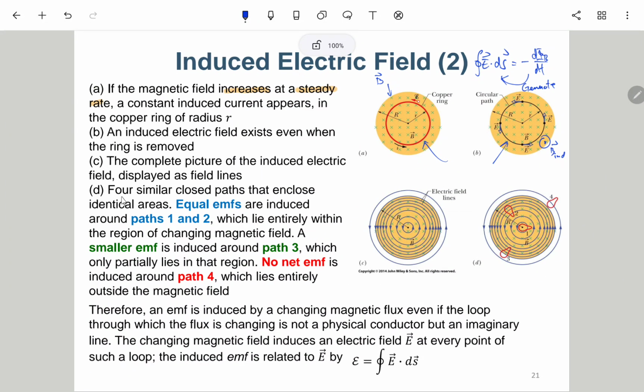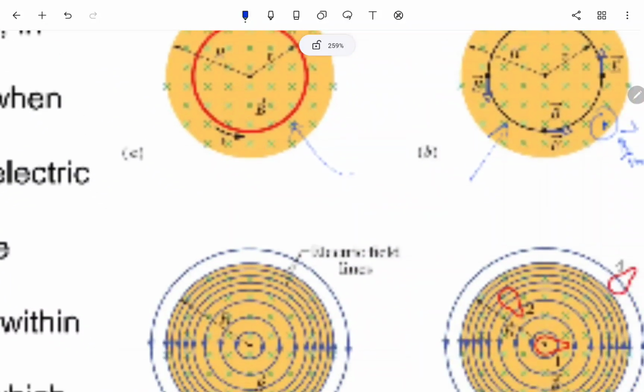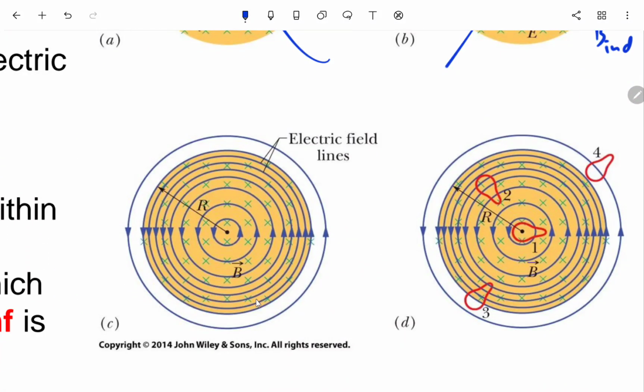Okay, so here in D it says four similar closed paths that enclose identical area. Equal EMF are induced around path 1 and 2. It is mentioning this red path: path 1, path 2, path 3, and path 4, indicated by this green path.